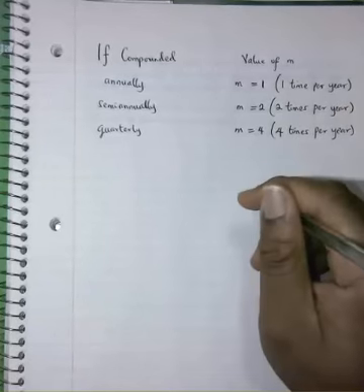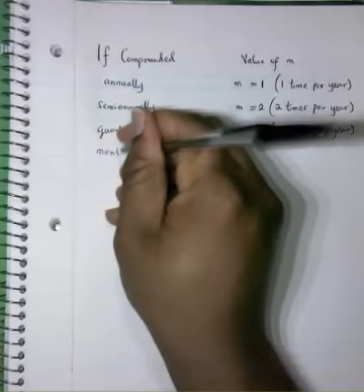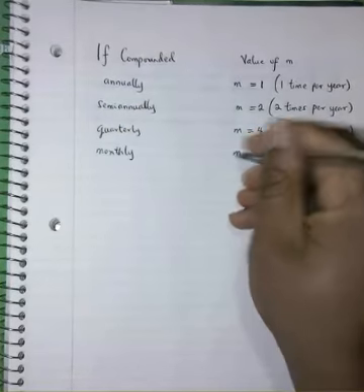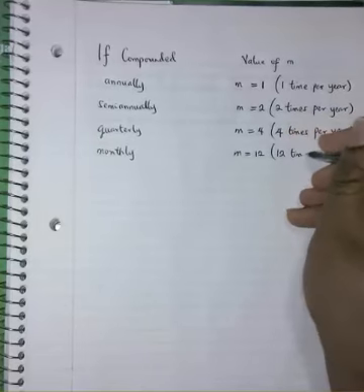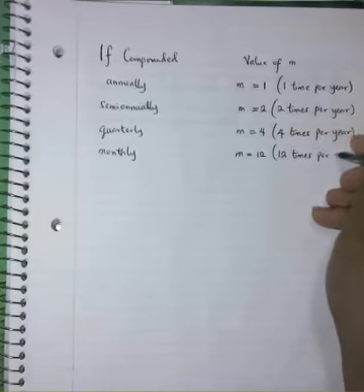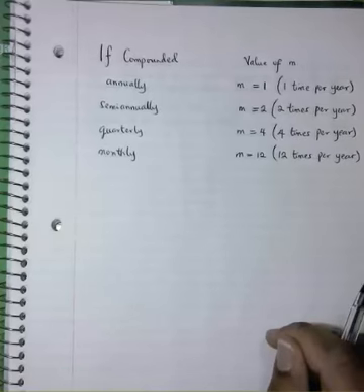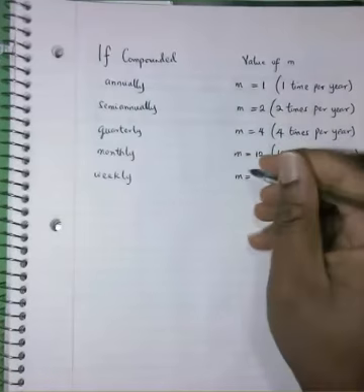If compounded monthly, every month, that means M is 12, 12 times per year. If compounded weekly, every week, how many weeks do you have in a year?